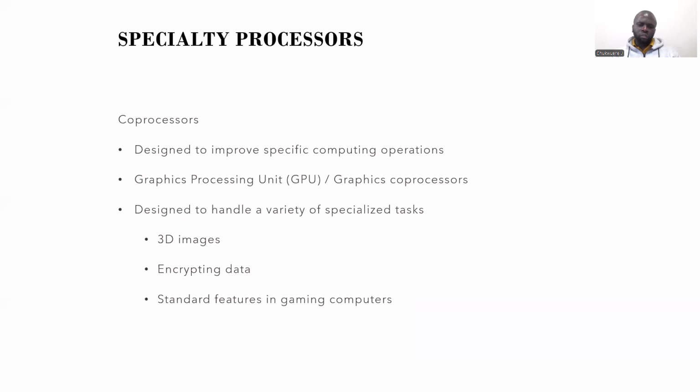They are designed to handle a variety of specialized tasks, like 3D or encrypting data, standard features in gaming computers. These are different functions that your specialty processor can handle beyond a core processor, being able to handle specialized tasks through your 3D.